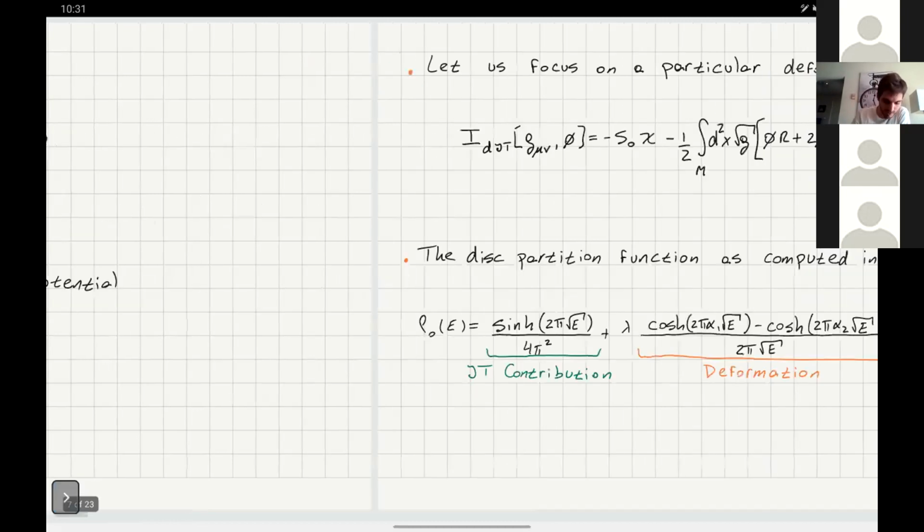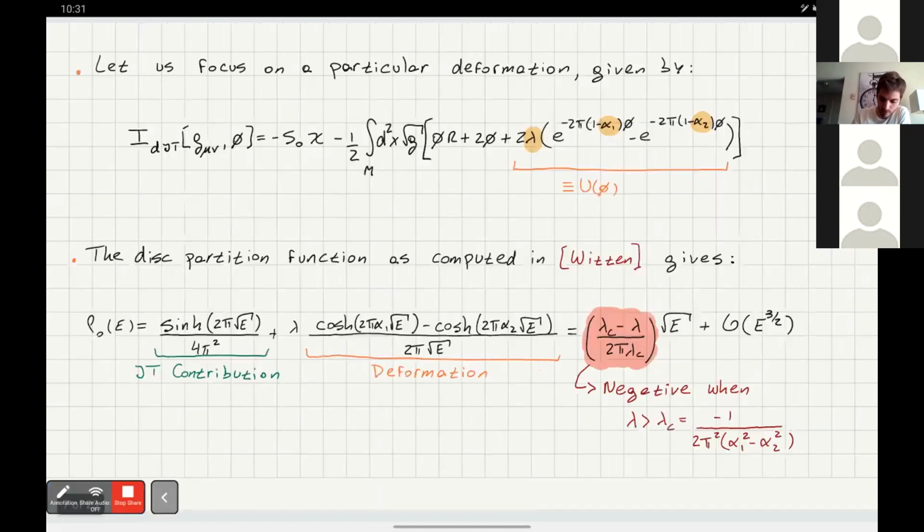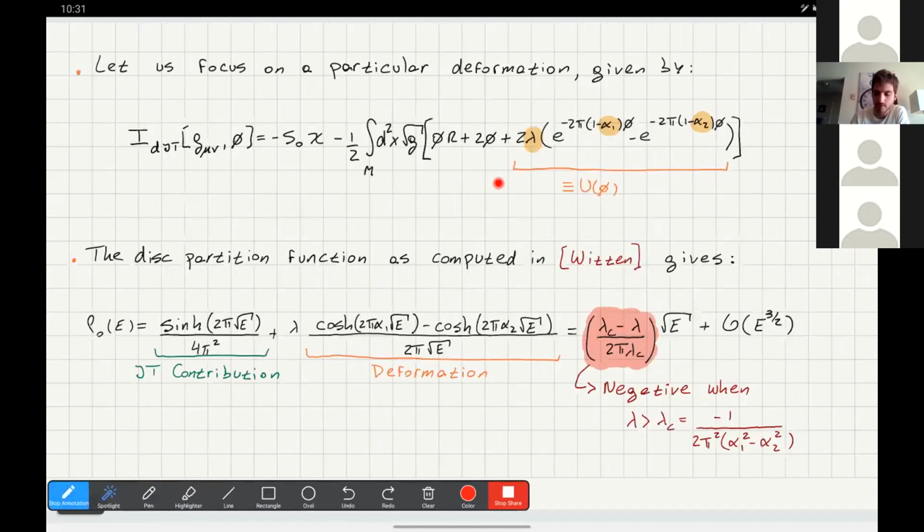Good. So this is the particular deformation I'll be considering, okay? I choose a particular combination of exponentials, okay? The disk partition function was computed by Witten, and it has this very simple functional form over here, okay? And the negativity is quite easy to see, and you see it by expanding to first order in energy.